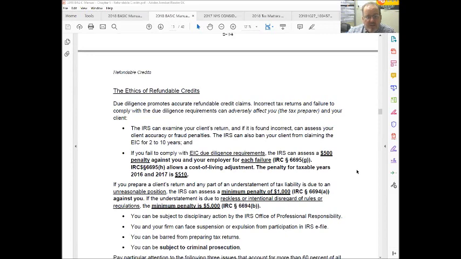Because again, the IRS will crack down. This is one that they look for fraud and they will do audits on. Okay. And as it says here, the IRS can also ban your client from claiming the EIC for 2 to 10 years.